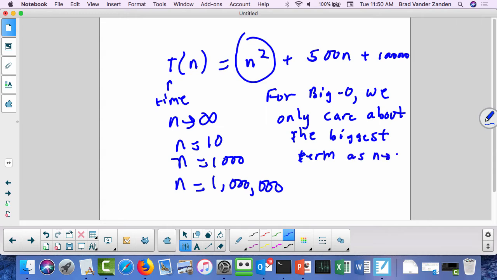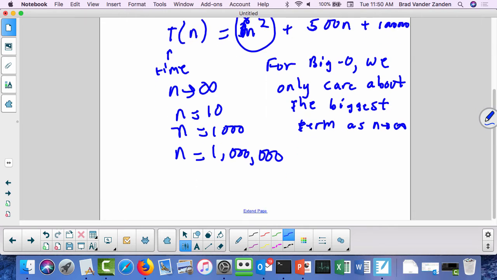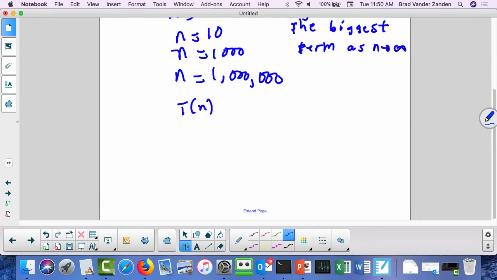So if we had 3 there, we wouldn't care. Even if it was 1/8, we wouldn't care. Because eventually that constant also gets overwhelmed. So if our function, let's say, was t of n equals a n squared plus b n plus c, we say the running time is order n squared, because n squared is the biggest term and we don't care about the constant. Okay?